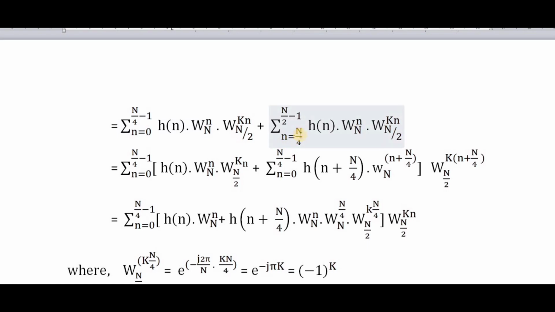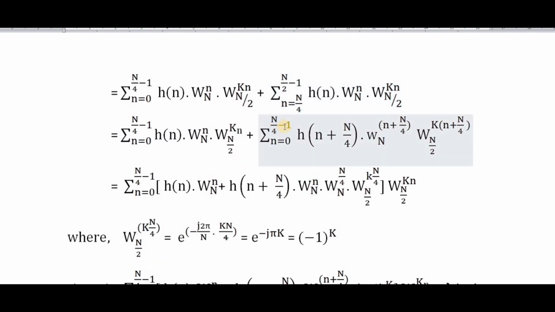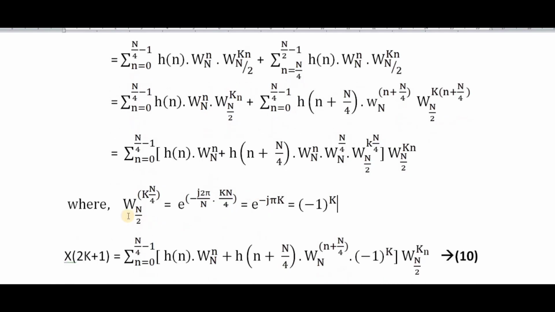The steps are similar. So I can write it as n by 2 of kn, and Wn by 2 of kn is common, so I will take that outside, and we'll get Wn of n by 4 and Wn by 2 of k into n by 4.